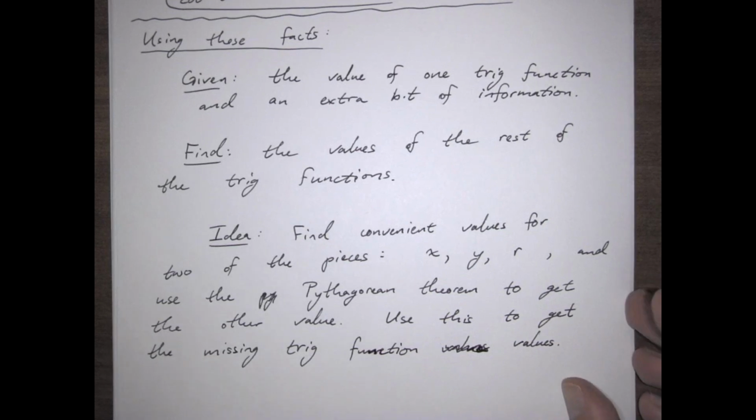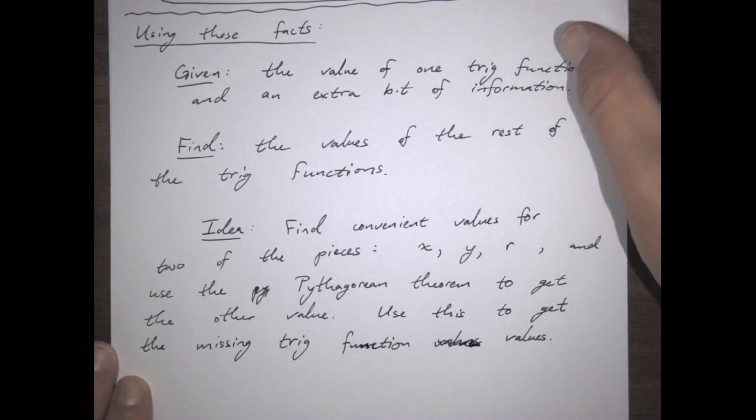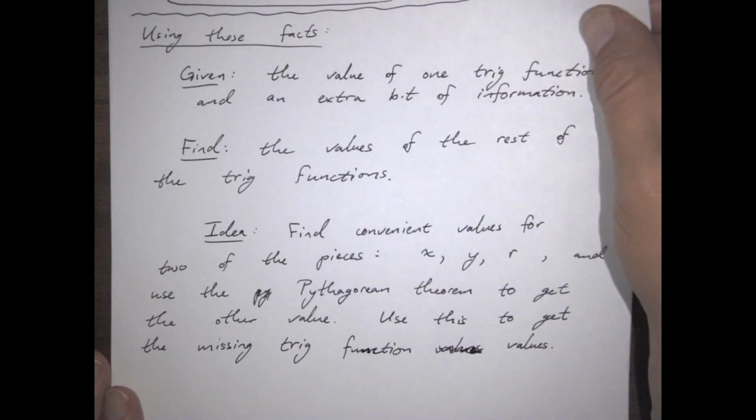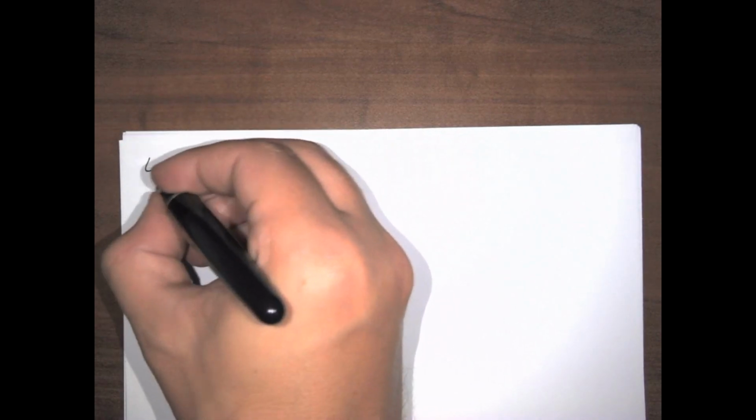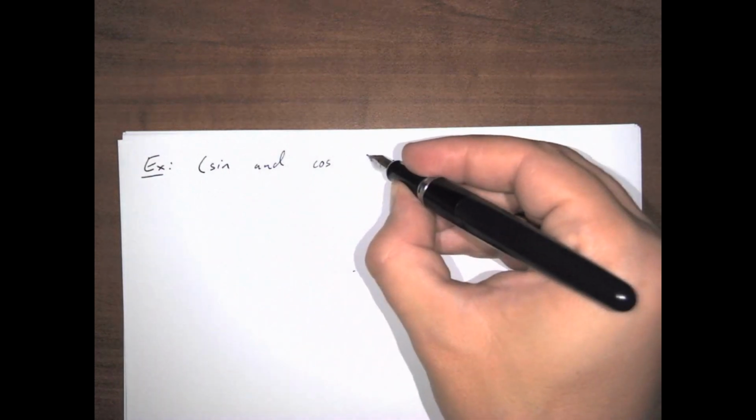All right, so let's start with it being super easy, actually. So we'll start with something where we have both the sine and the cosine given to us, just as a warm-up. So example, sine and cosine both given.